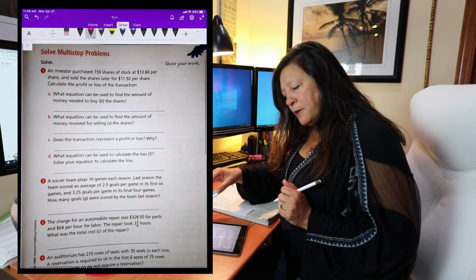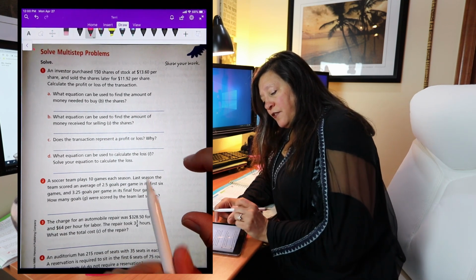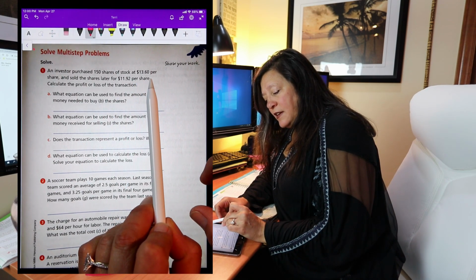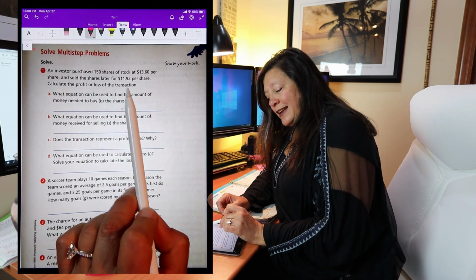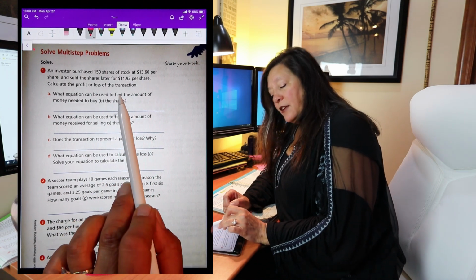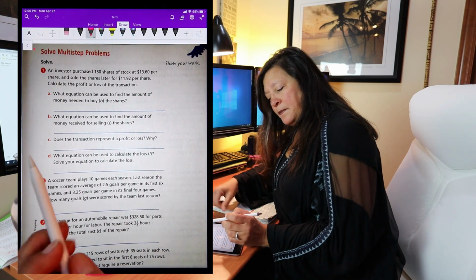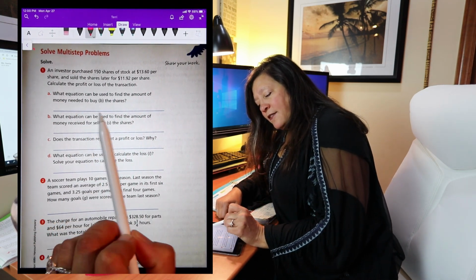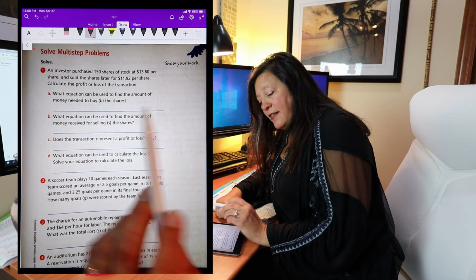Okay, let's go right ahead. Solving multi-step word problems. Number 1, an investor purchased 150 shares of stock at $13.60 per share, sold the shares later for $11.92 per share. Calculate the profit or loss of the transaction. Either they made money or they lost money. So A says, what equation can be used to find the amount of money needed to buy the shares?